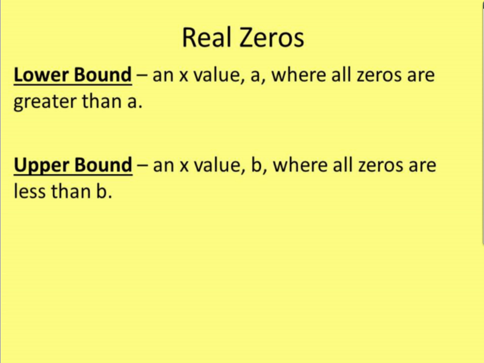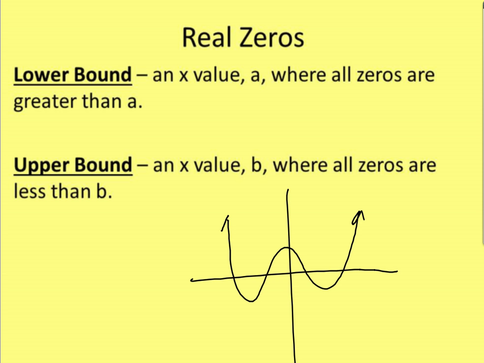A lower bound is an x value, a, where all the zeros are greater than the value of a. An upper bound is an x value that we're going to call b, where all of the zeros are less than b. So if we were to draw a graph of this, if here is our function, remember our zeros are here, here, here, and here.